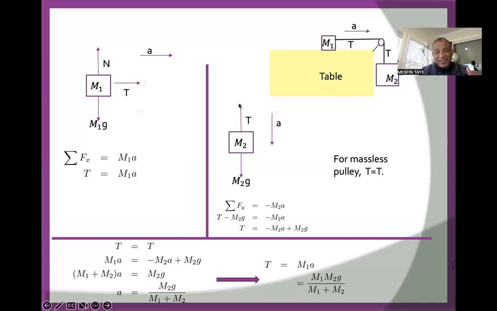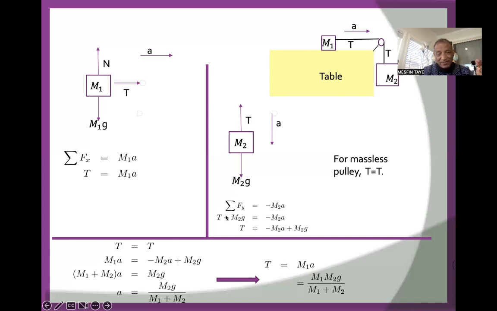Because the tension is pushing it upward, opposing. Mass 2 wants to fall freely, but cannot do that because the tension is pulling it up. M2 is going down, so acceleration is negative. So the sum of the forces in y direction is negative M2A. Then tension minus M2G is equal to negative M2A.